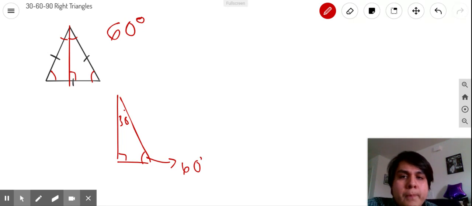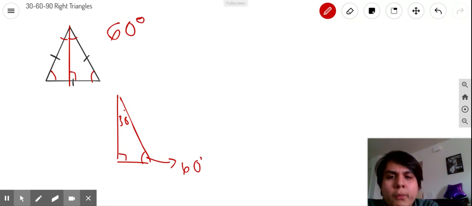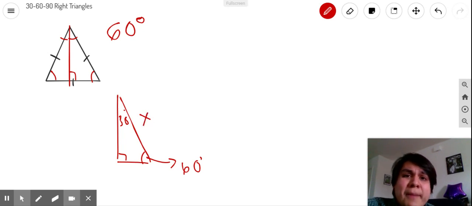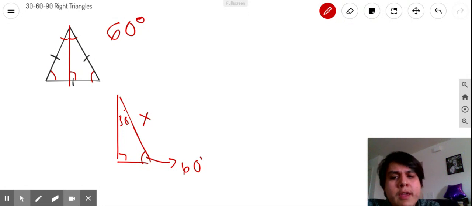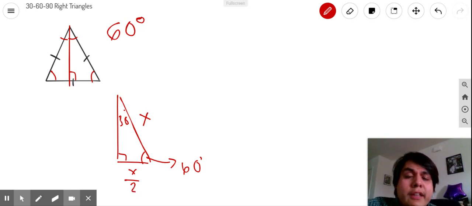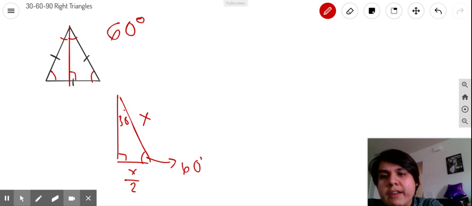Because I bisected that angle up top and because it's an equilateral triangle, I know that this base at the bottom was just cut into two equal spaces, right? So this is half and this is half of whatever this one was.